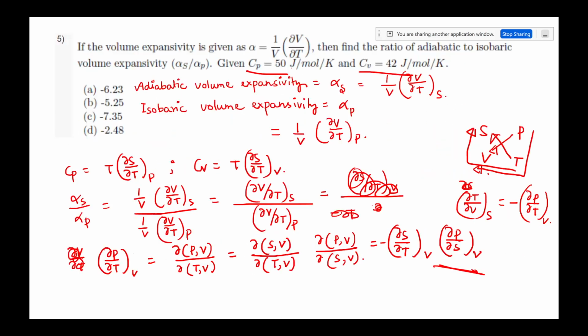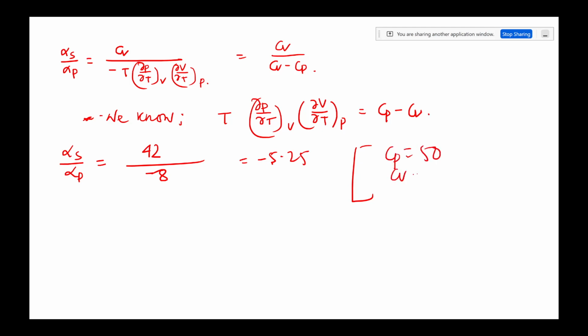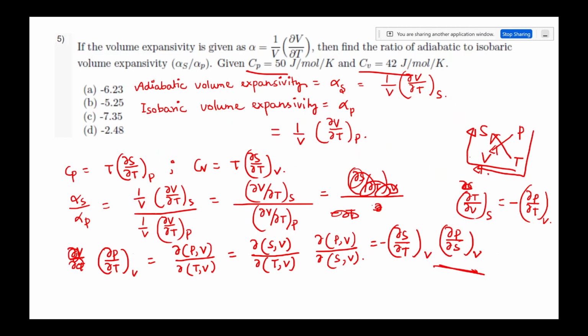Now what is Cv? 42, Cp is 50. So this will be 42 divided by minus 8, that will be minus 5.25. So option B is the correct answer.